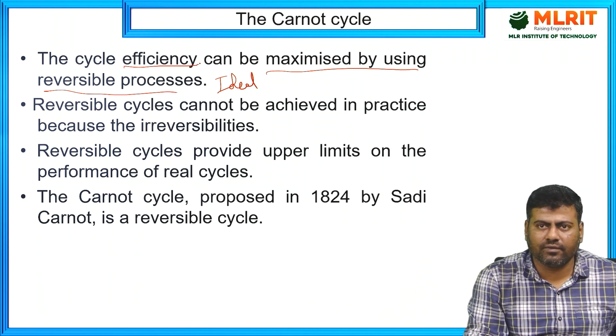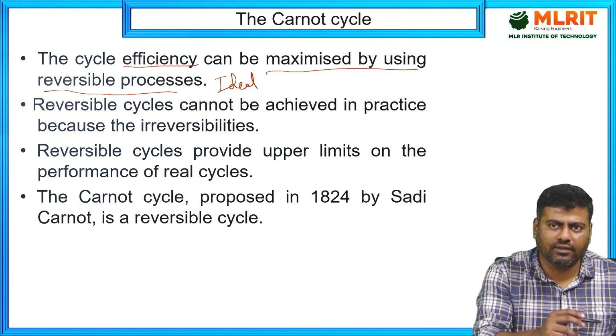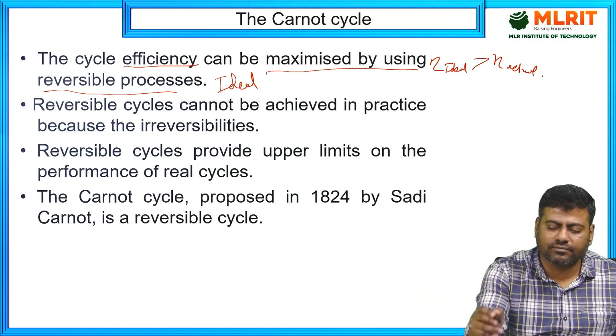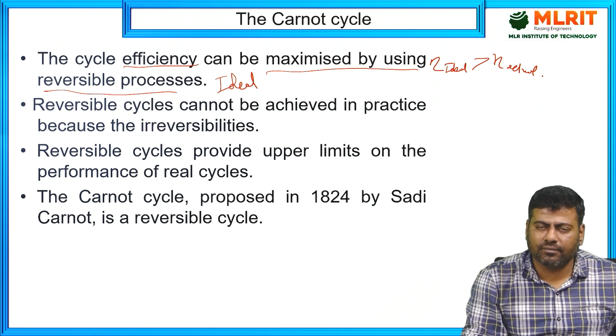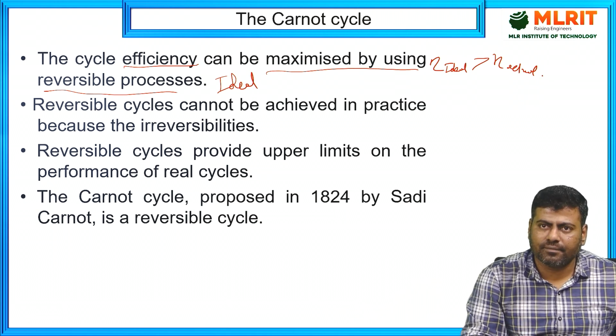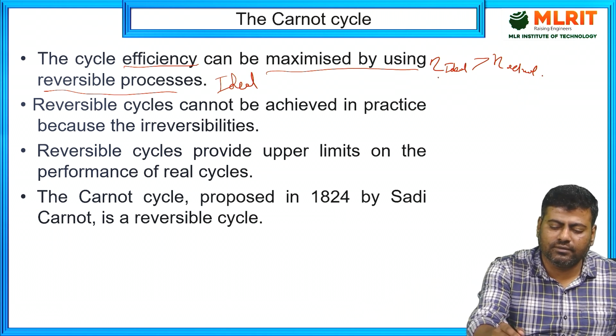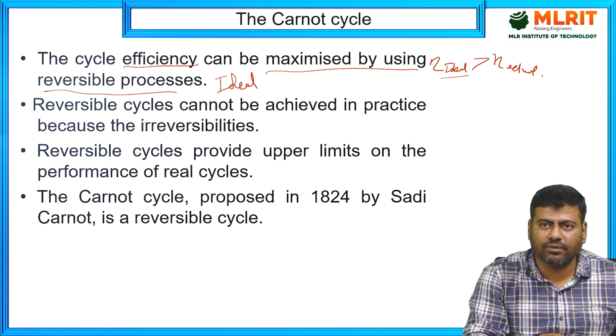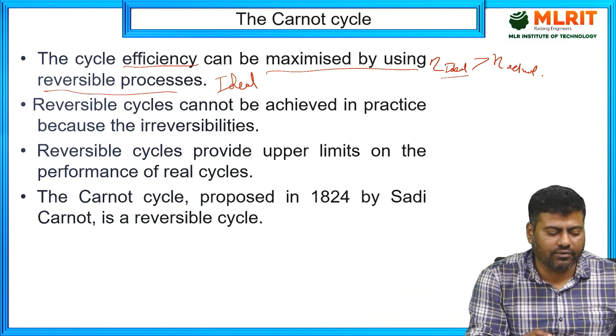So eta of ideal is always greater than eta of actual. That is a known case. In order to get this ideal eta, I am supposed to frame the reversible processes, the ideal processes.